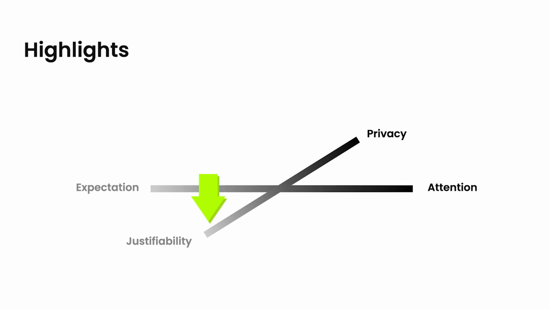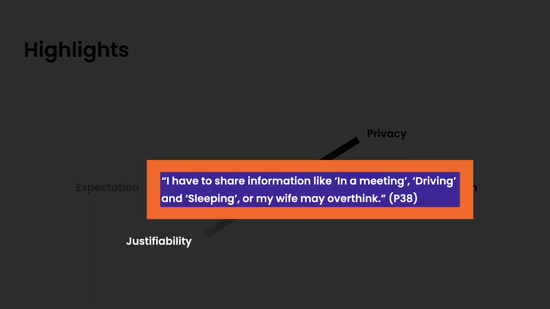To do so, many of them desired to disclose activity details so that other people would think their use of restriction was understandable and reasonable. Like this participant said, I have to share information like in a meeting, driving, and sleeping, or my wife may overthink.